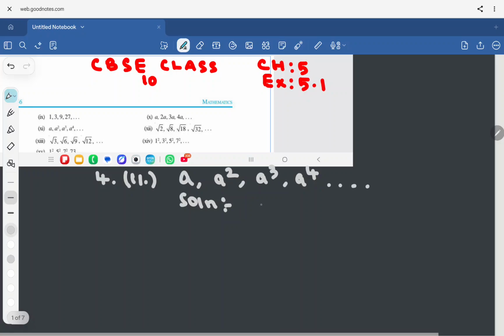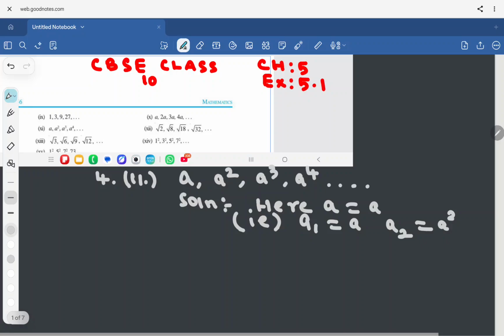If it forms an AP, find the common difference and the next 3 more terms. Here a1 is a, a2 is a square. Find the difference. a2 minus a1, a square minus a, take a outside, a minus 1.